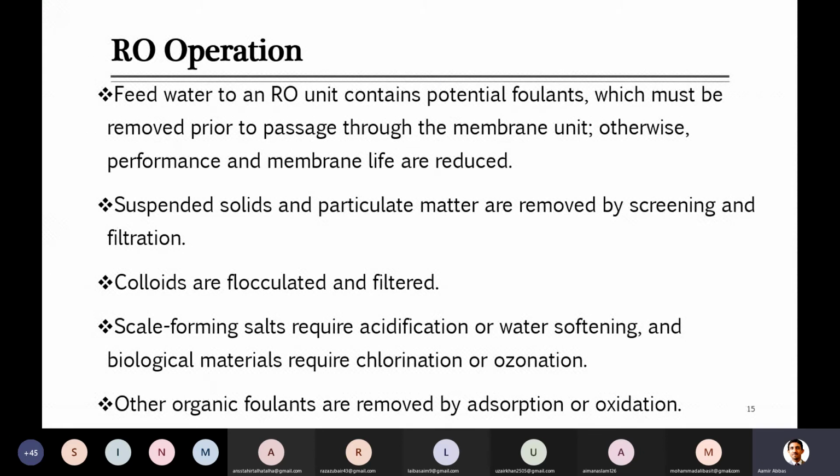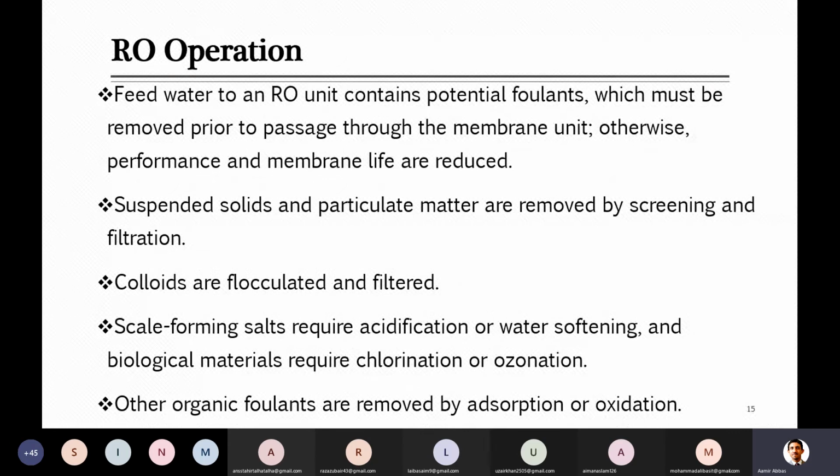Colloids are flocculated and filtered. Scale forming salts require, for example, acidification or water softening. And if there is biological material, then you have to go for either chlorination or ozonation to remove it before bringing it to the membrane.